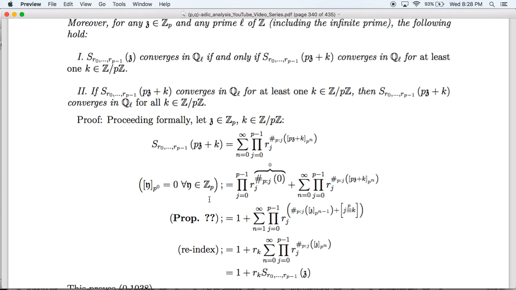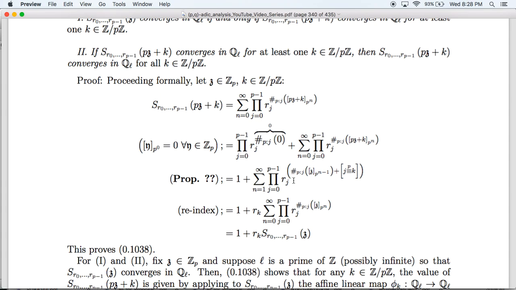We just argue directly. So pz plus k goes here. Then we pull out the n equals 0 term, and this here is going to be 0, so this becomes 1. And here we use the functional equations satisfied by the digit counting functions; we can apply those functional equations and reduce the congruence here by 1.